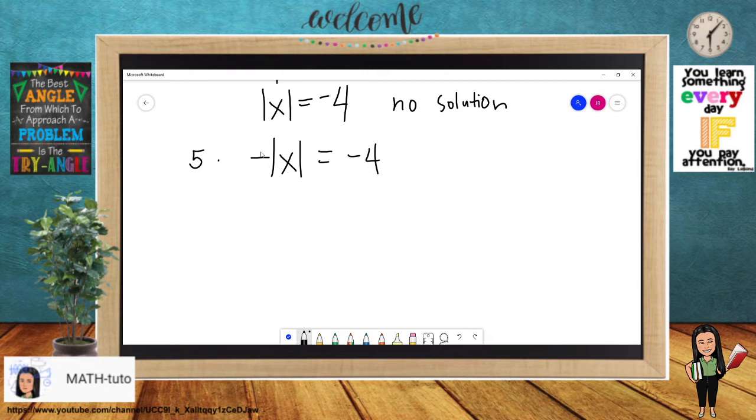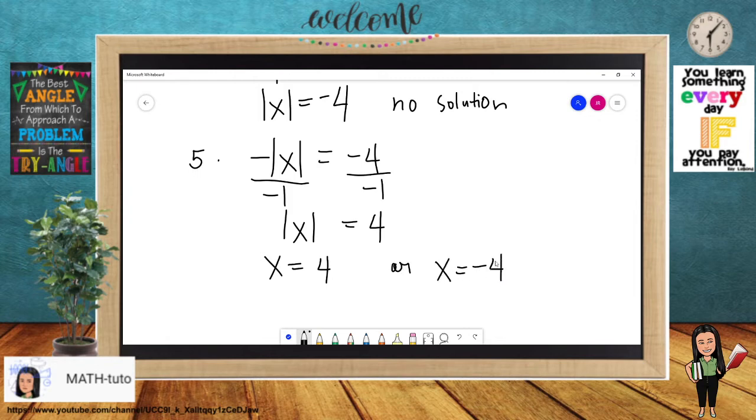Kasi nakita natin may negative din dito, diba? So, we can divide both sides by negative 1. And we have absolute value of x equal to 4. Okay? And this means that x is either equal to 4 or x is equal to negative 4. Okay? So, ito ay may solution.